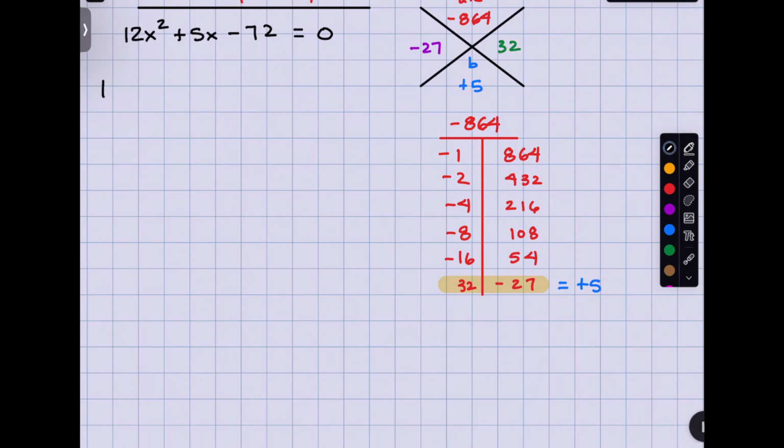So write down what the next line should look like. Don't forget your x's. What should the next line look like?